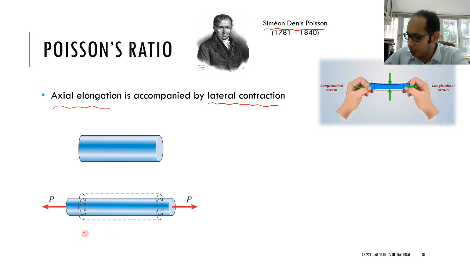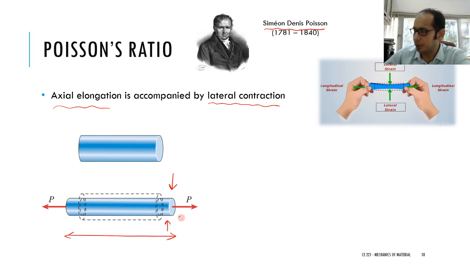You have the original shape, and then you have a stretching in this direction, and a straining in this direction, right? So it has sort of squeezed below. If we have to define that, Simeon Denis Poisson gave this relationship between the lateral strain and the axial strain.